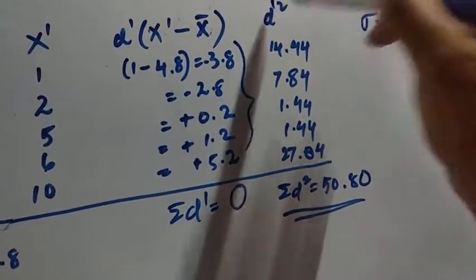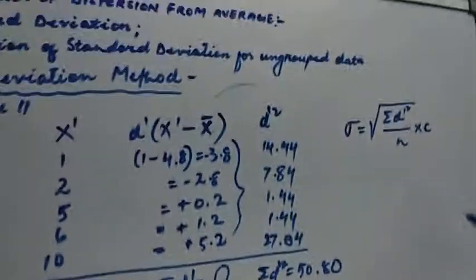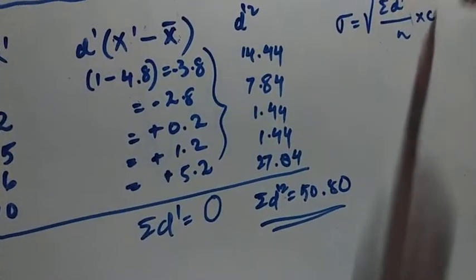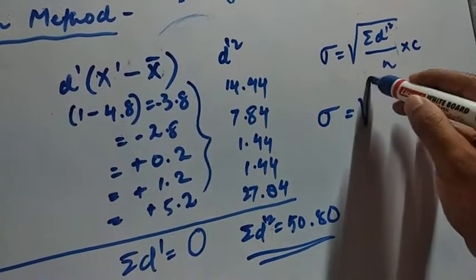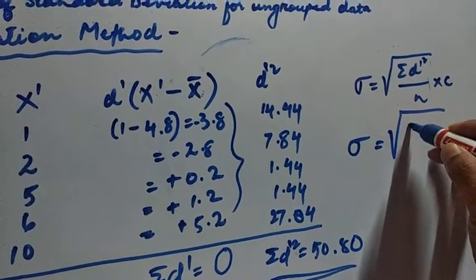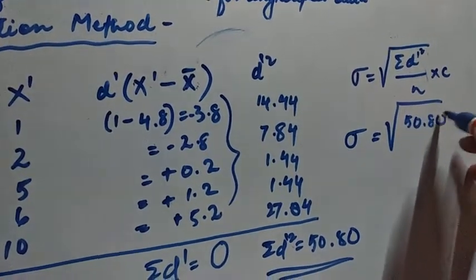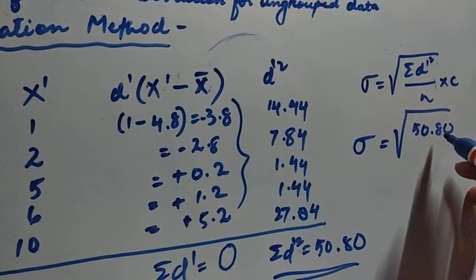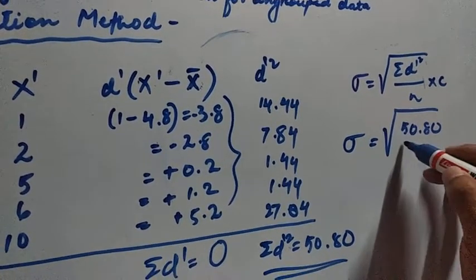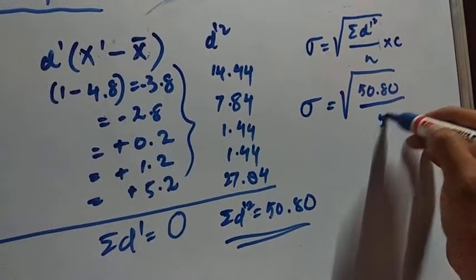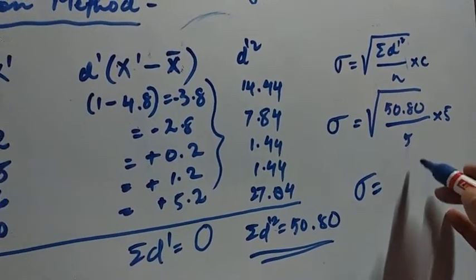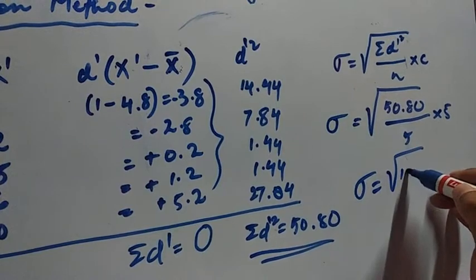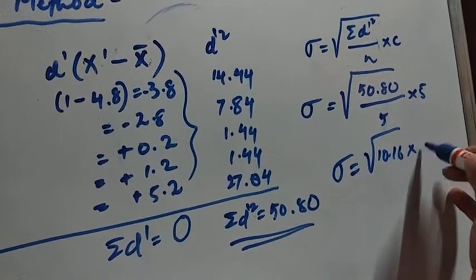So you substitute in the formula given here: summation d dash square by n, into c. Here summation d dash square, we have found out, is 50.80, divided by the number of observations, 5, and the common factor is 5. When you calculate that, you will find it is the square root of 10.16, into 5.